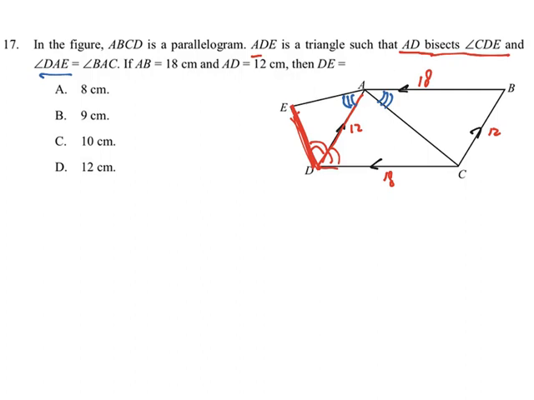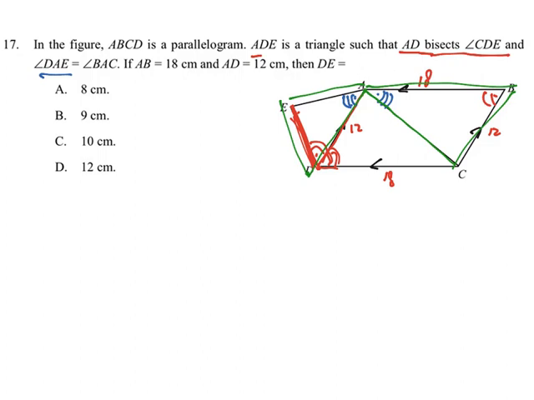So let's see this triangle ABC. This angle is also equal to this one because of the properties of a parallelogram. If these two angles are the same, and these two angles are the same, that means these two triangles are similar triangles. So the lengths have a ratio relationship.